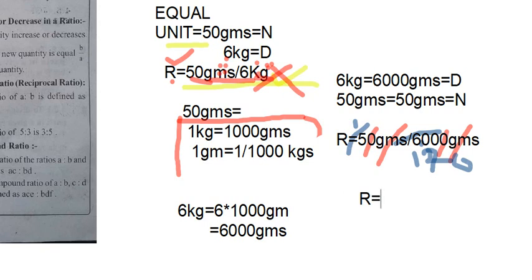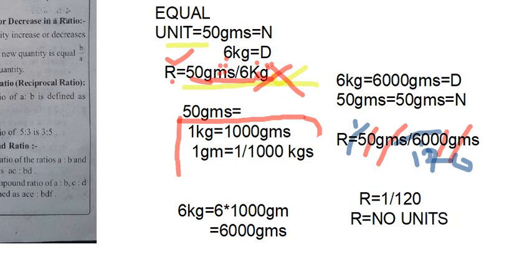Now see, the important thing is that grams is there, and here grams is also there. These grams are cancelled, yes. Now does the result have any unit? No. It means the ratio has no units.